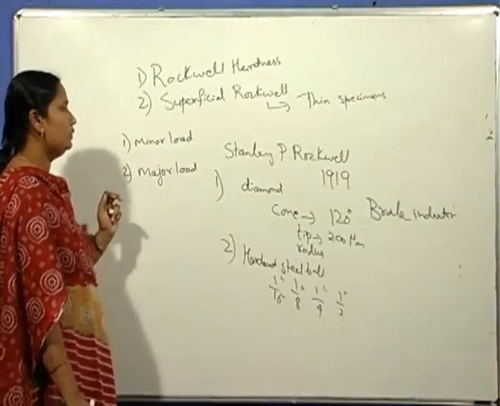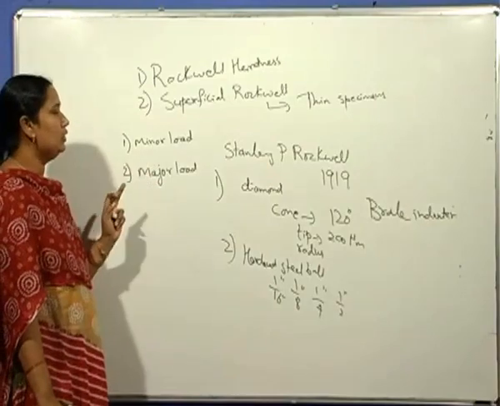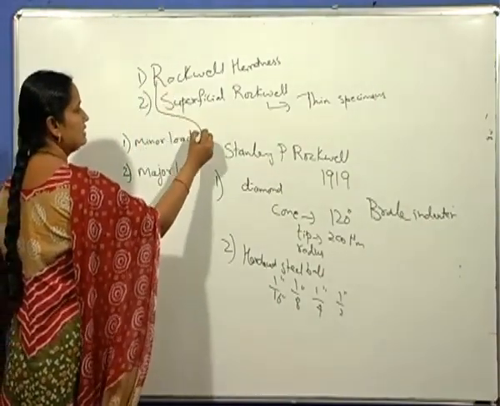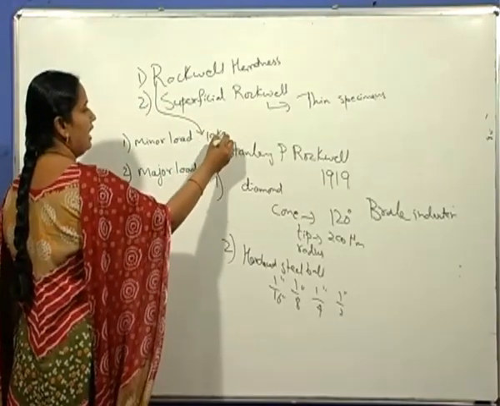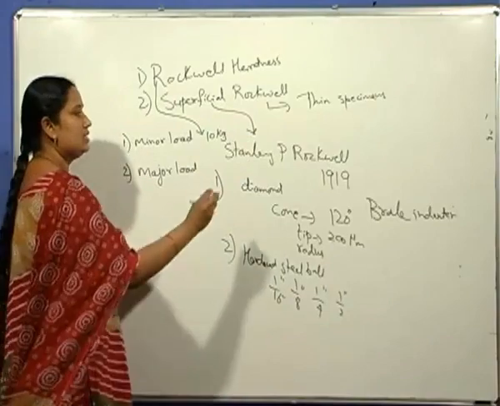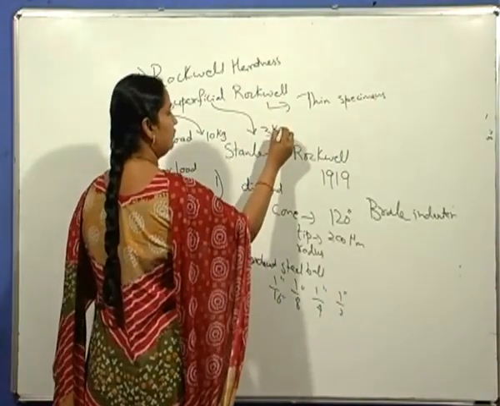Now coming to the minor load. The minor load that is applied for the case of Rockwell hardness is 10 kg, and for the case of superficial Rockwell the minor load that is applied is 3 kg force.